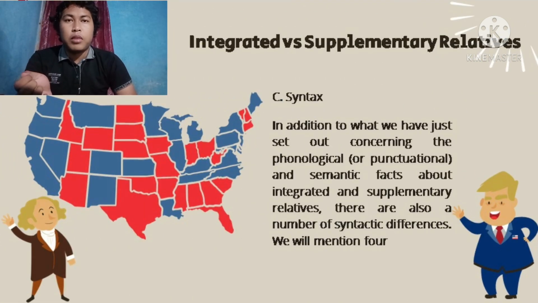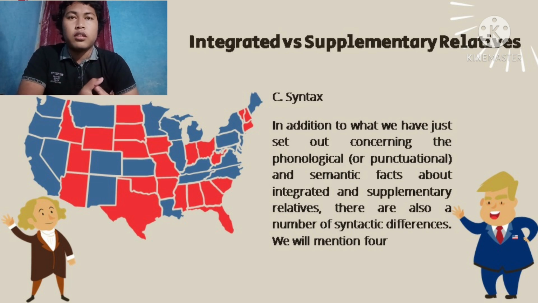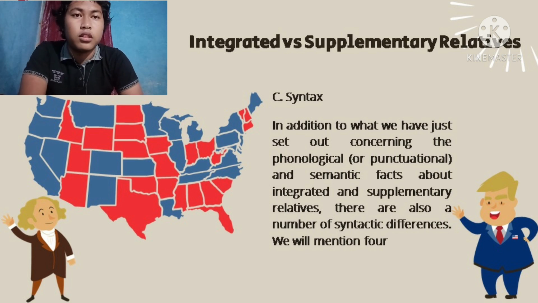I will explain about integrated versus supplementary relatives in syntax. In addition to what we have just set out concerning the phonological, functional and semantic facts about integrated and supplementary relatives, there are also a number of syntactic differences. We will mention four.